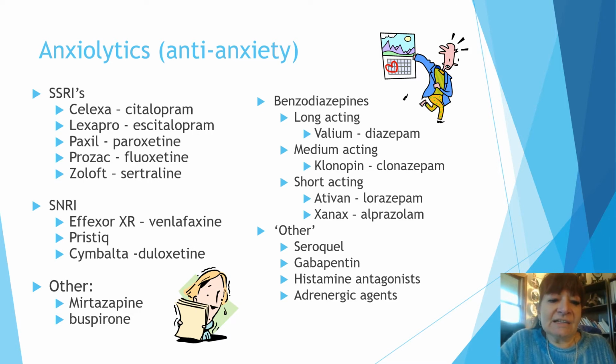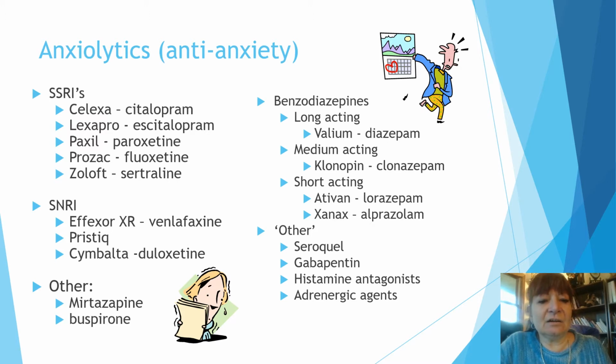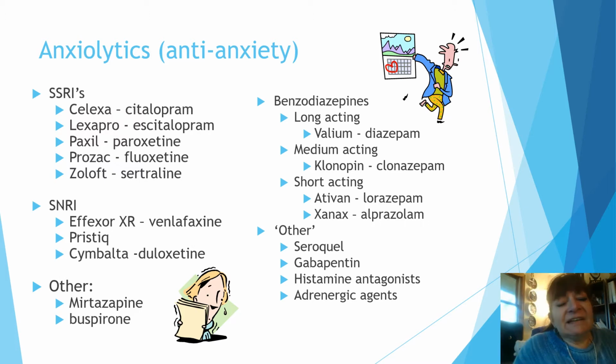The SNRIs can also help anxiety: Effexor, Pristiq, or venlafaxine, desvenlafaxine, and duloxetine. And other anti-anxiety medicines include mirtazapine, as well as buspirone. All of these medications are officially labeled as antidepressants, except for the buspirone. That is specifically referred to as an anti-anxiety drug.